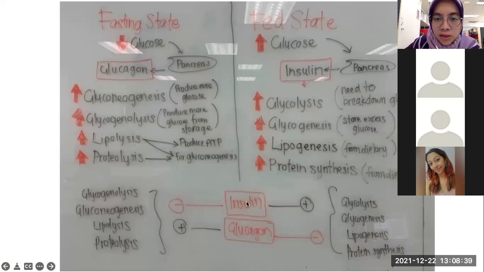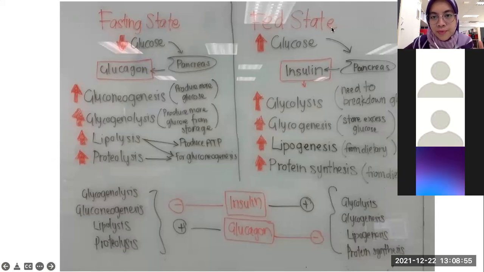In order for us to summarize and integrate all the pathways that we have learned in biochem, we need to understand two conditions: the well-fed state and the fasting state. Well-fed simply means you have eaten or taken food. In the well-fed state, the key point is to look at the glucose concentration in your blood.